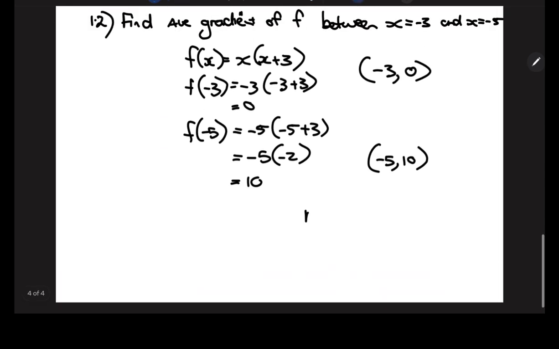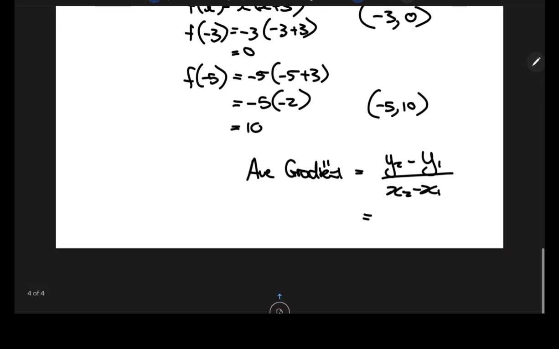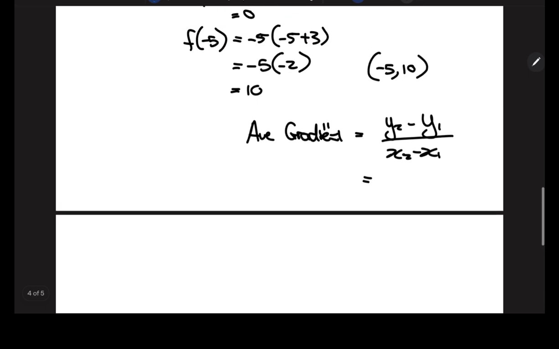Now I can work out my average gradient. So let's just write it out. Between those points I can get my average gradient equals y2 minus y1 over x2 minus x1, and that will give us, let me just get a new page.